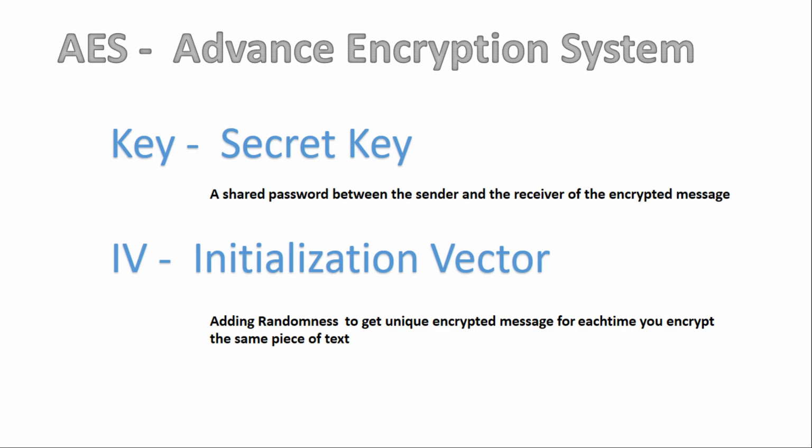So for that we will be using two parameters called key and IV. So what is a key? Key is a secret key. Think of a secret key as a shared password between the sender and the receiver of the encrypted message. Only those who possess this key can unlock or decrypt the data.